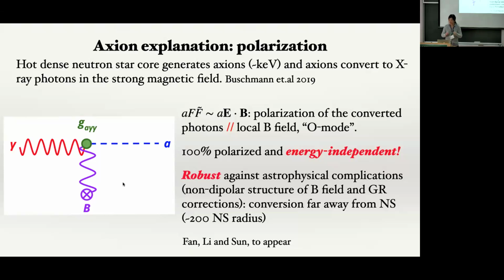In addition, this prediction for J1856 is robust against astrophysical complications like the non-dipolar structure of the magnetic field or general relativity corrections. The reason is that for J1856, the conversion of keV axions to X-ray photons happens far away from the neutron star. The characteristic conversion scale is about 200 neutron star radii, so all these complications lead to small corrections.